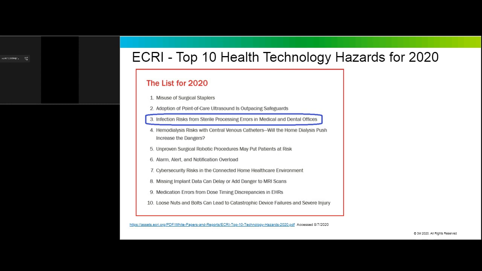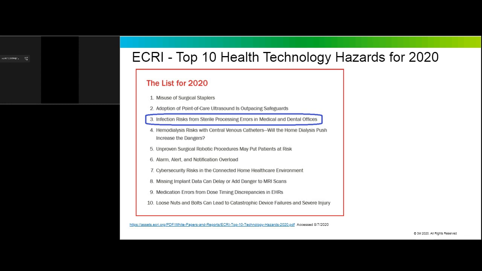And I should mention that this list was published pre-COVID-19, so they did not have visibility to that huge issue coming down. But we were surprised to see that infection risks from sterile processing errors in medical and dental clinics made it to number 3 on ECRI's list.